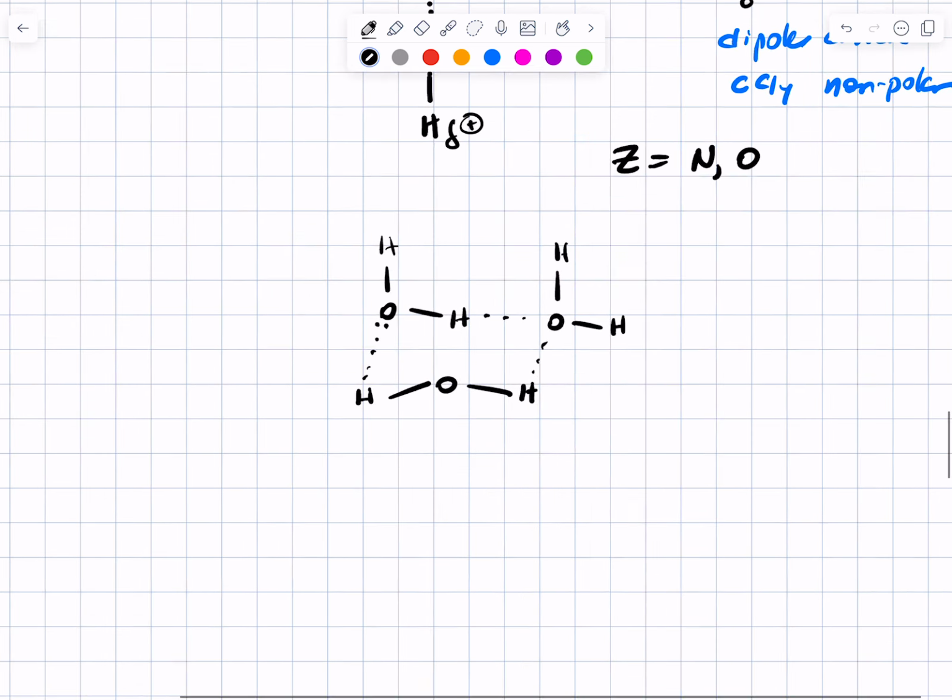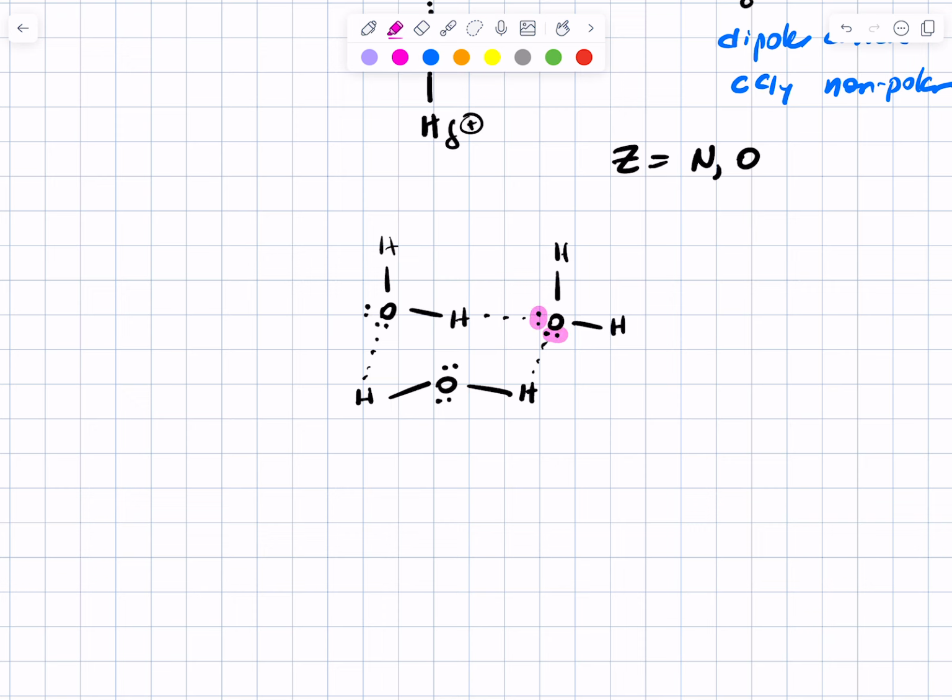So here I'm showing you an arrangement of 3 water molecules forming kind of a 6-membered ring. And you could imagine each oxygen having 2 lone pairs. Each of those lone pairs are going to be hydrogen bound to 2 other protons.